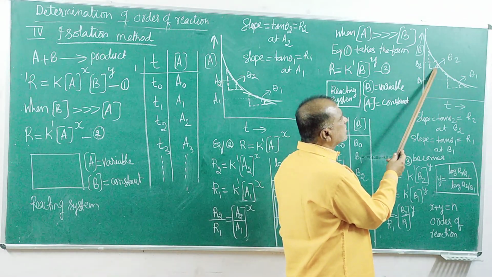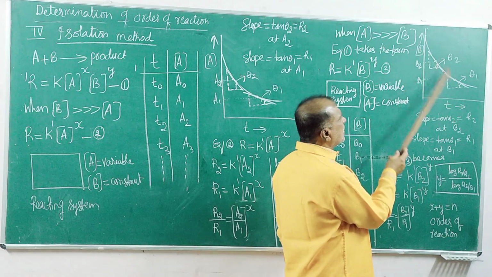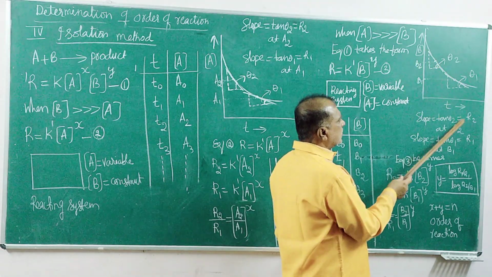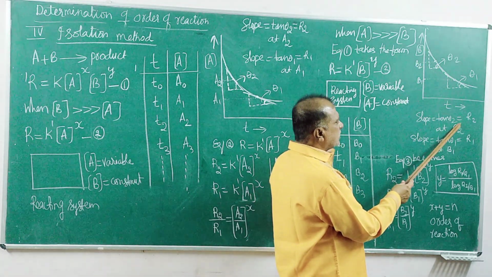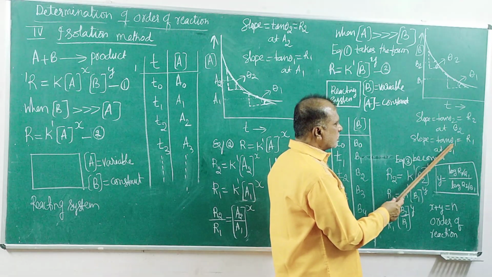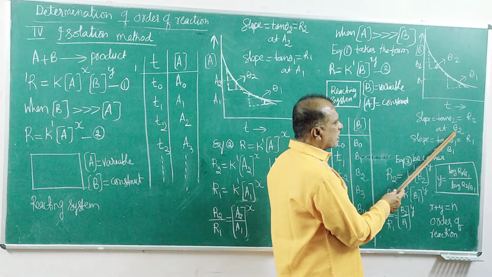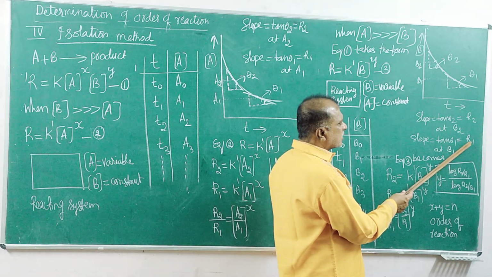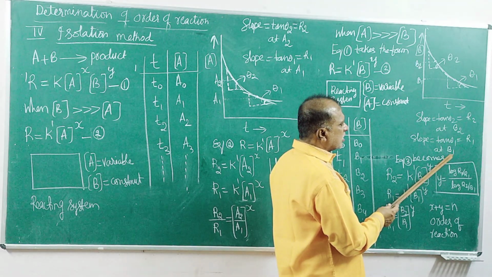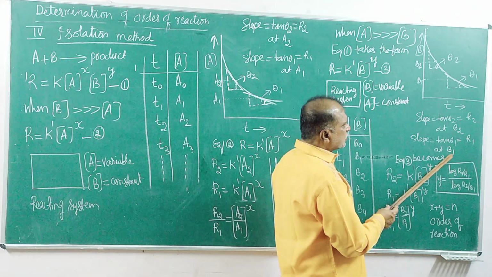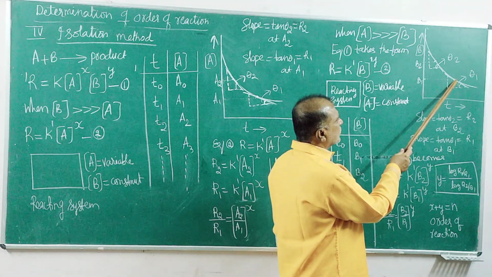Find any two rates at two different concentrations, like the one tangent and the other tangent, the same way as we did in the previous case. That is the rate of reaction when the concentration of the reactant is B2, and the rate of reaction when the concentration of B is B1.